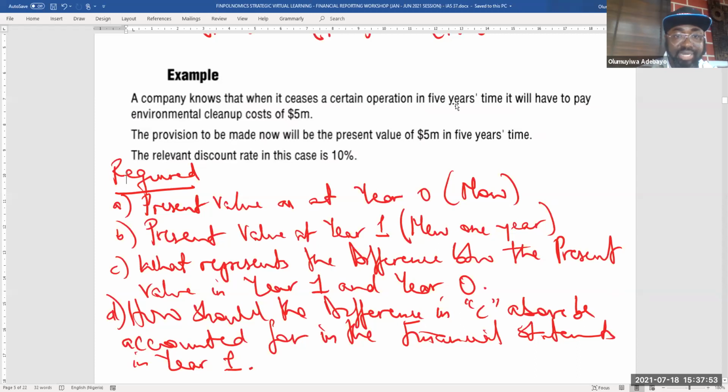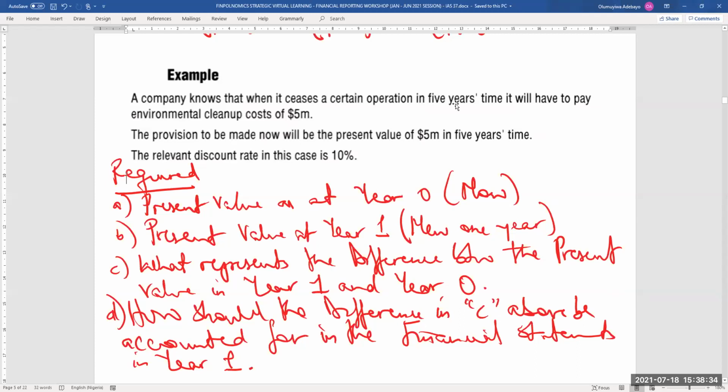Okay, who will guide us? I think you have exposed us to a lot of things like this. The present value at year 0: the company knows that in 5 years' time it will have to pay the cost. So basically, we discount this to the present value in year 0.